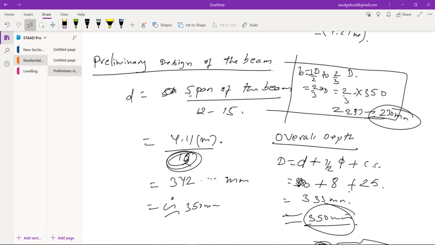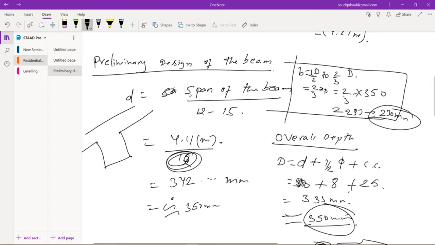One thing I need to tell you is that the overall depth of this beam is 350 mm, which means that the depth of the slab is included. If this is the slab and this is the beam, 350 mm is from here to here. The depth of the slab is 100 mm, and this is the breadth of the beam.